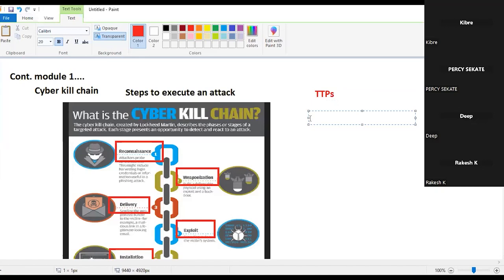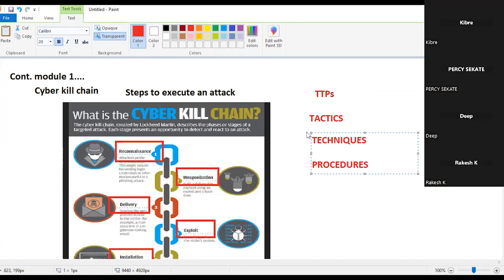First is tactics, then techniques, then procedures. Now, in tactics, we decide the strategies and planning of the attack, how the attack will be executed, how the attack is going to take place.